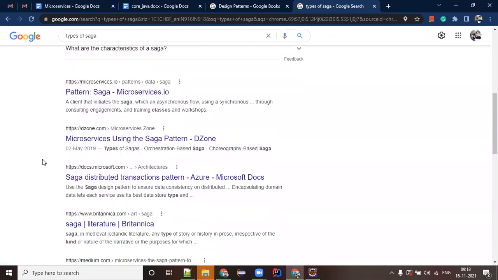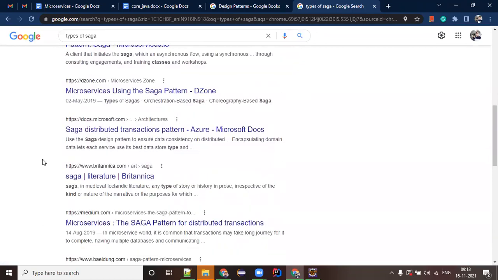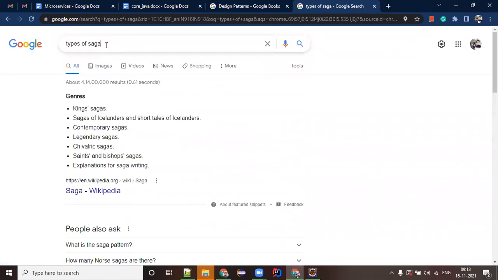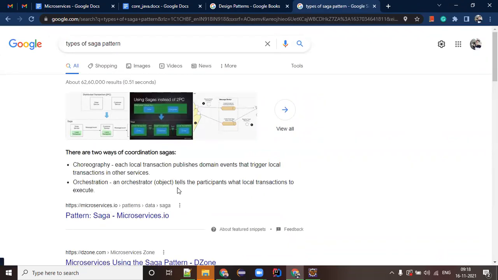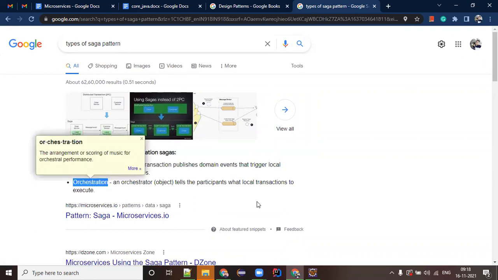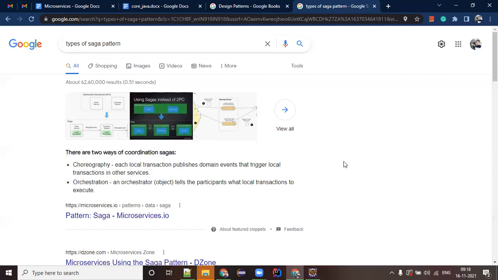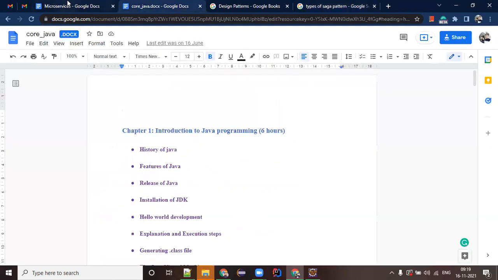One is with Kafka, another one is with the coordinator. Yes, choreography and orchestration. These are the two things. Choreography is nothing but event based. The moment anything happens, the event is triggered and automatically the action is going to take place.